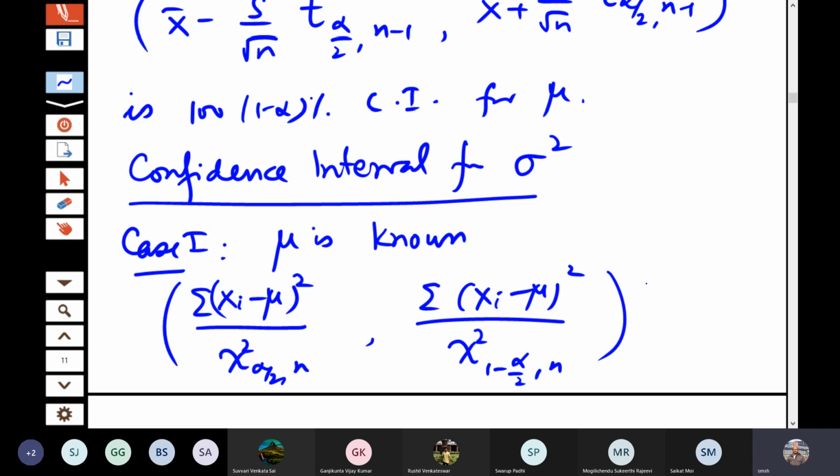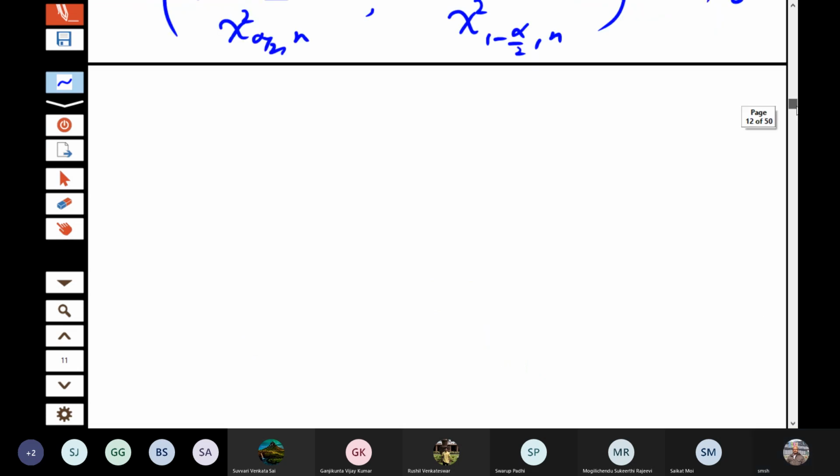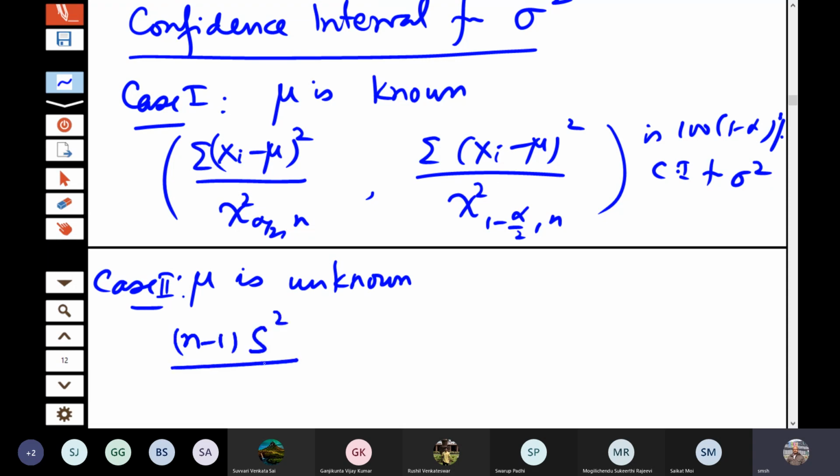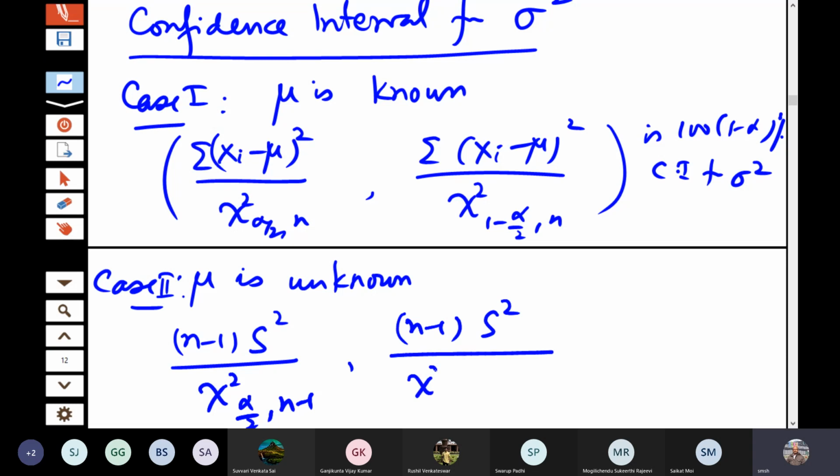So this is the 100(1 minus alpha)% confidence interval for sigma square. And if mu is unknown, then this is replaced by (n minus 1) s square divided by chi square alpha by 2 on n minus 1 degrees of freedom. So this gets changed here.